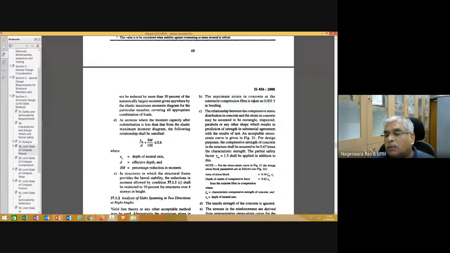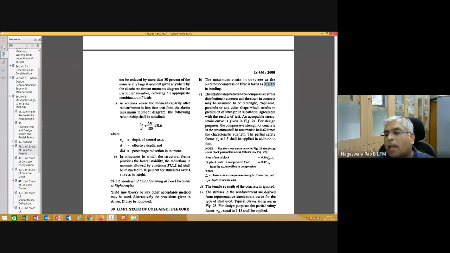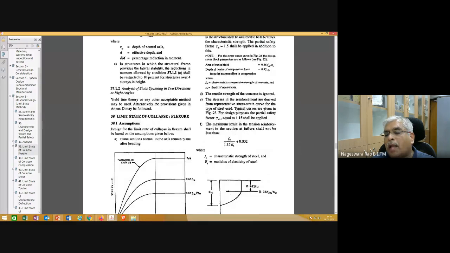This is the assumption the entire limit state of collapse under flexure is based on. So you are going to violate this assumption. Your strain is going to be greater than this, which is not permitted. Either this may happen or this may happen.